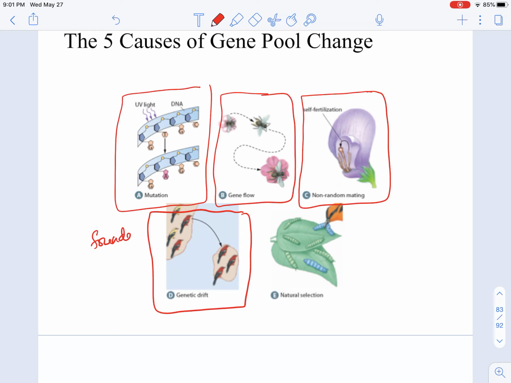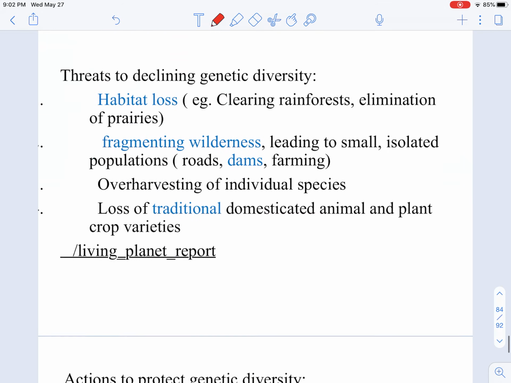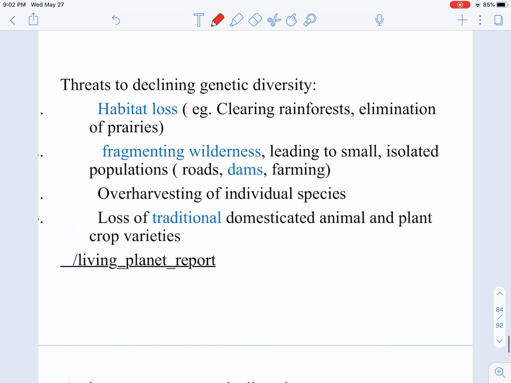Genetic drift, which was the founder effect, a small group on an island, or the bottleneck effect, where there were only a few left because a bunch were wiped out. Those are two examples of genetic drift. And natural selection, where the ones best suited to the environment survive. So the green ones here camouflage and survive. Those are the 5 agents of change.